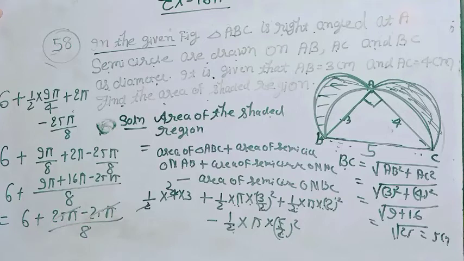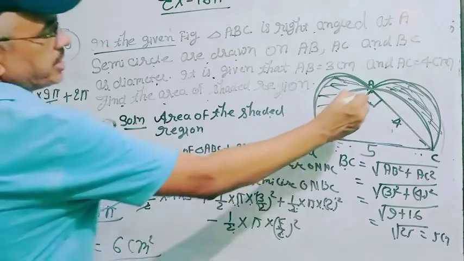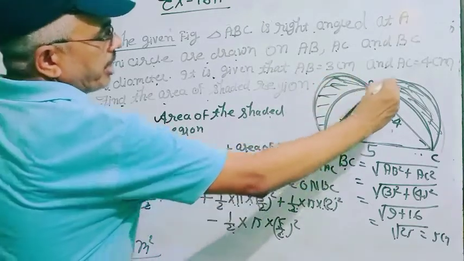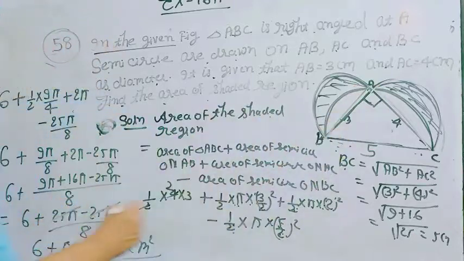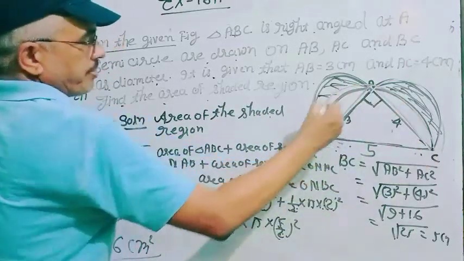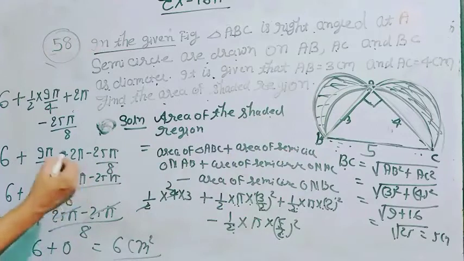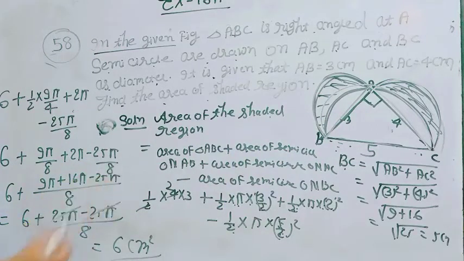This 25 pi cancels. That is 6 plus 0. What is your answer? That is 6 centimeter square. How is it possible? First, find the area of this semicircle, then find the area of this semicircle and add the area of the triangle. After that, you subtract the area of this semicircle, then you get the remaining part, the area of the shaded region.